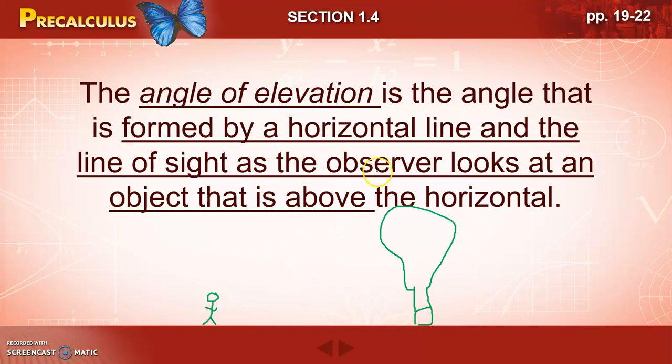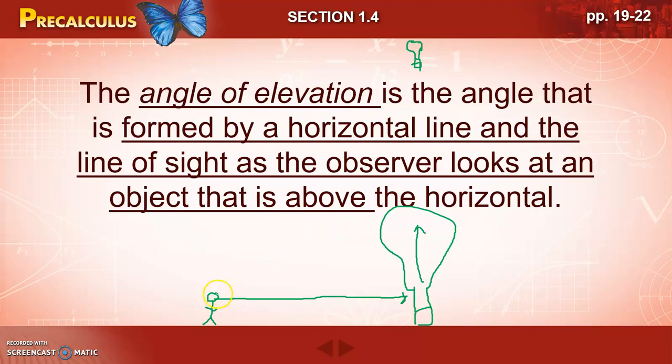And the angle of elevation is the angle that is formed by a horizontal line and the line of sight. So let's say that this is your initial line of sight. Looking at the balloon, you've got a nice horizontal line. And as the hot air balloon starts to go up into the air, maybe it goes all the way up here. Oh, this is an even worse hot air balloon than the first one.